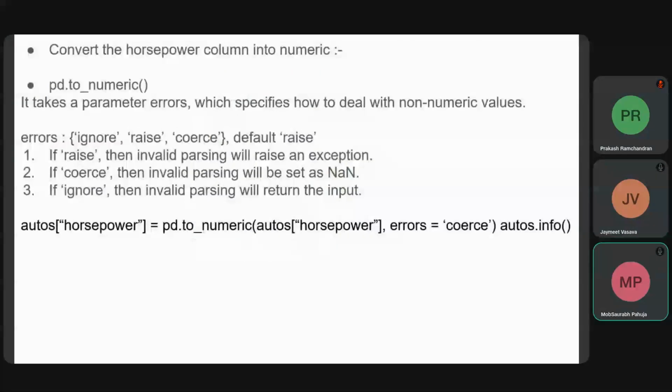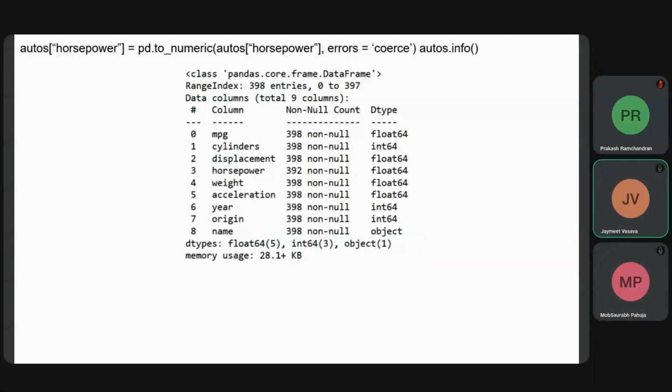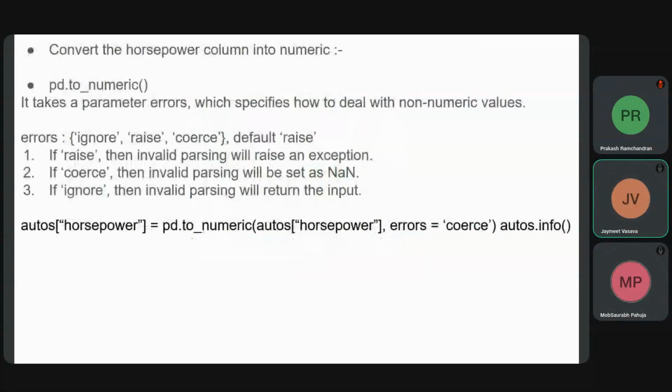So in errors equal to coerce, we are setting invalid values to NaN. Yes, that is what we are trying to do. And the third one, ignore: for invalid parsing, it will return the input as is. There won't be any action. Okay.